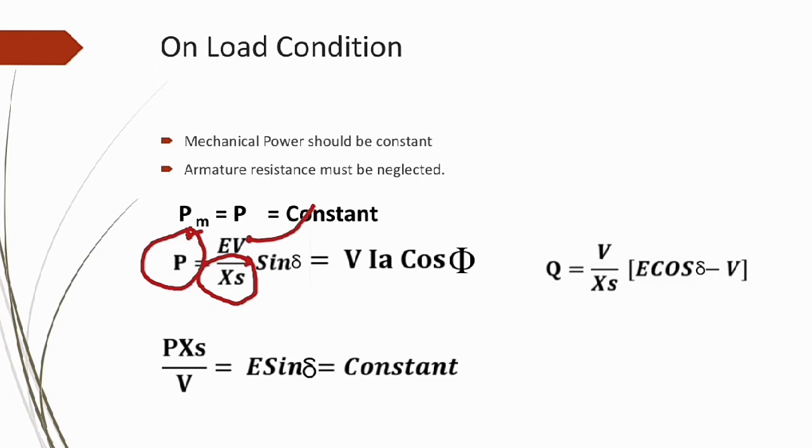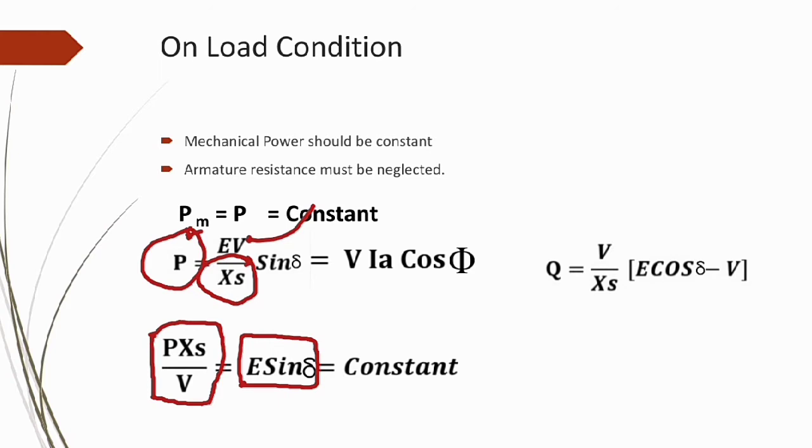So in total we can say P XS upon V is a constant value, and the remaining E sin del is also a constant value. So when we change the excitation, we will have to understand that the locus is made through E sin del.